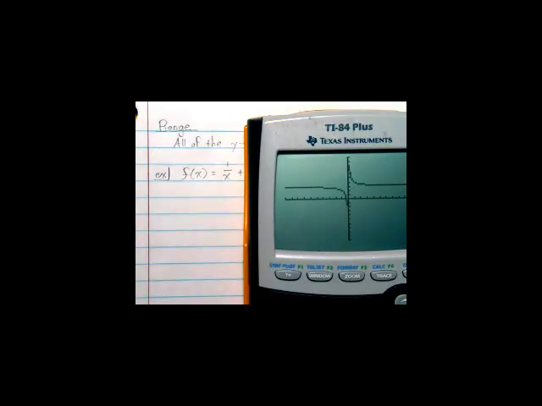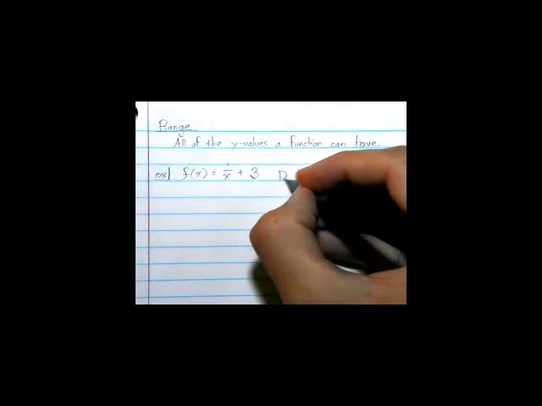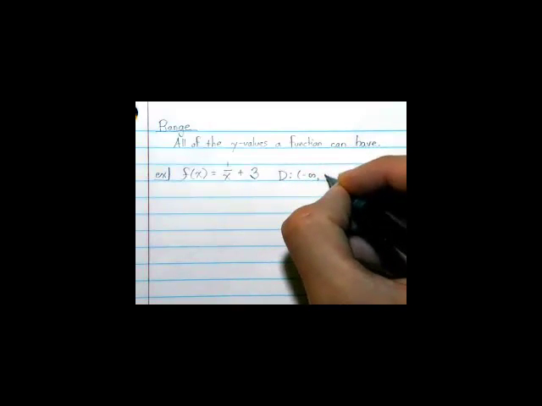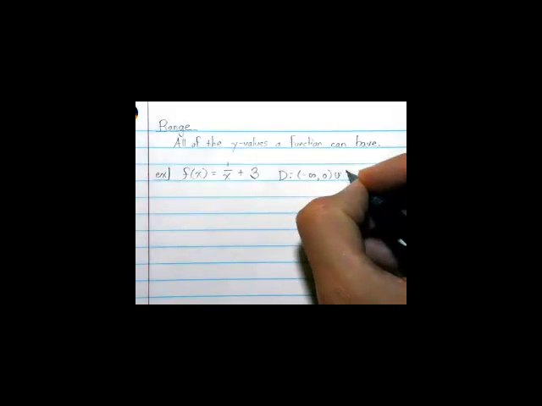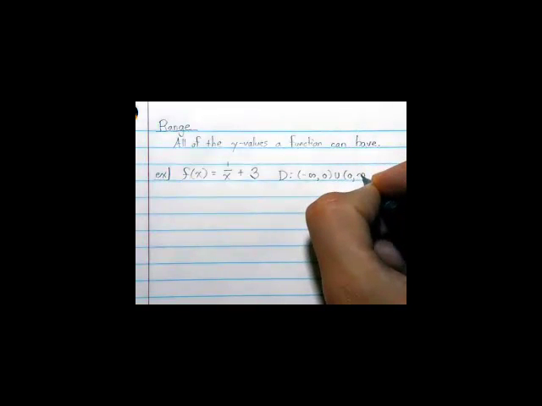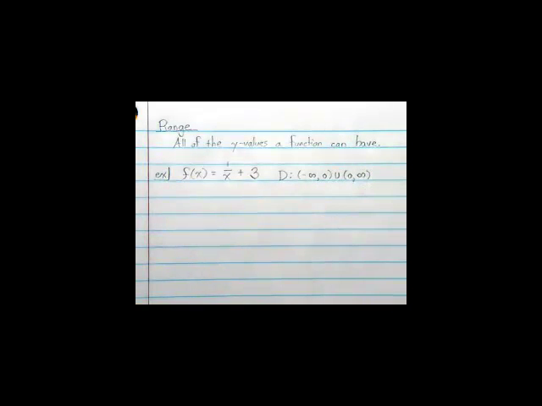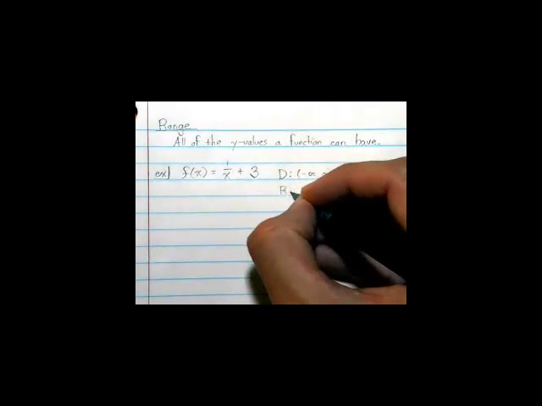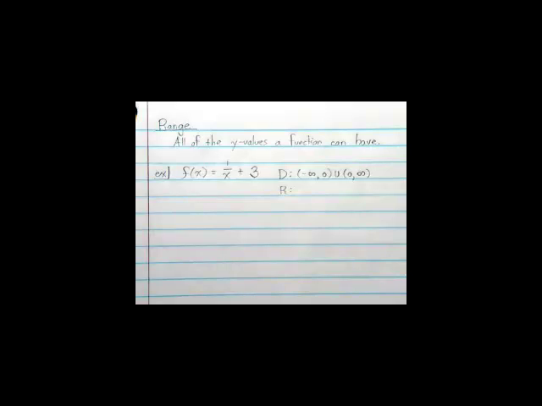So, in range for this, domain, you guys already told me, negative infinity to 0, union 0 to infinity, based on what we saw on the graph there. So what would be the range then?